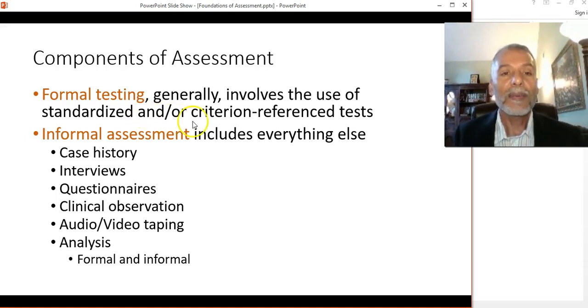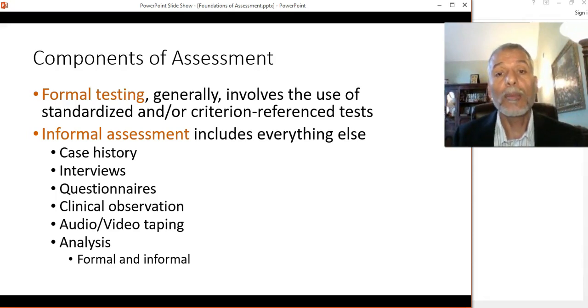The test that we started to look at last week in class is a standardized test. And criterion reference tests are similar in the way that you administer them. However, they were not standardized on a population.